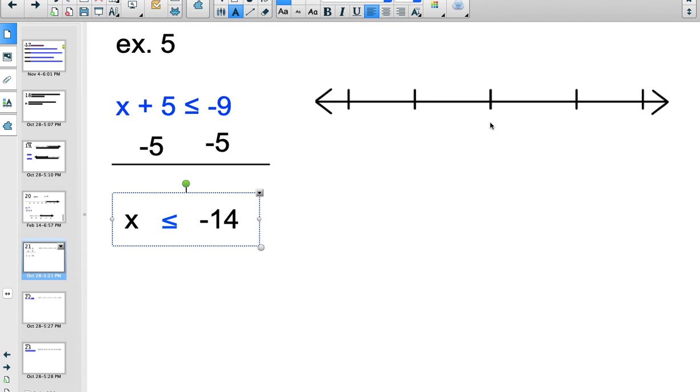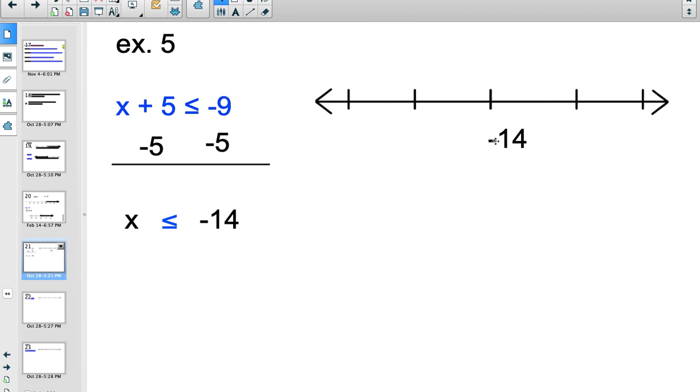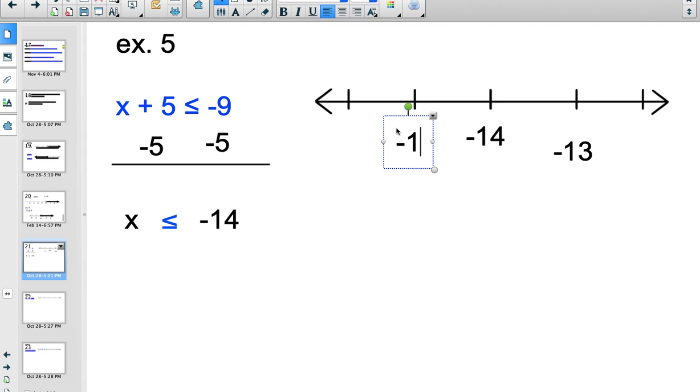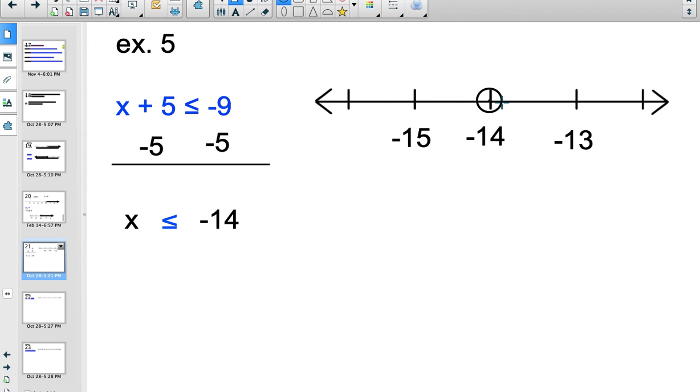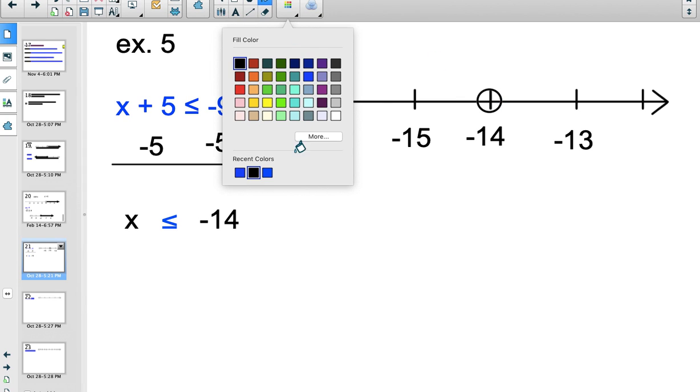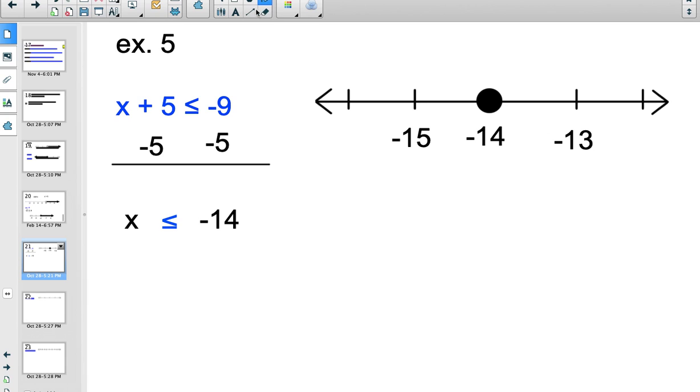So if we were going to graph this, we would want -14. You only need 2 or 3 numbers on each side. So then this would be negative 13, and this would be negative 15 on this side. All right, so then it would be a closed circle going to the left.